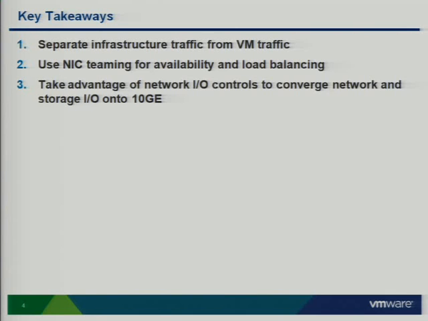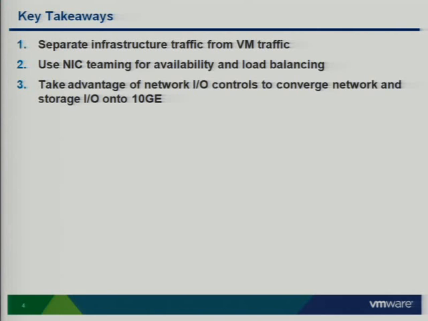By infrastructure traffic, I mean the traffic that's required to manage ESX hosts, and the traffic required for your storage. So if you use iSCSI, NFS, or FCoE for your storage traffic, you can basically get rid of the storage adapters and put everything onto your Ethernet.